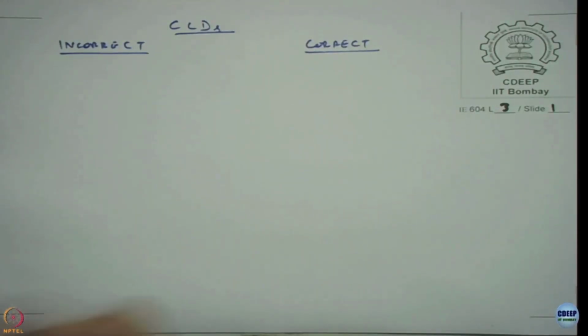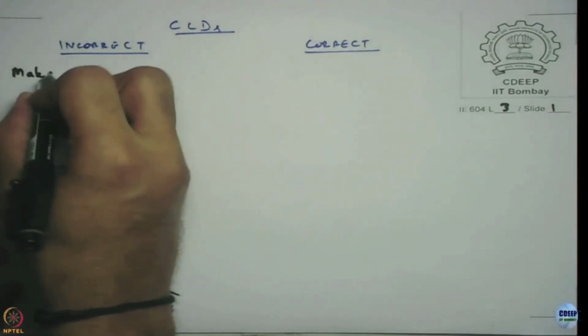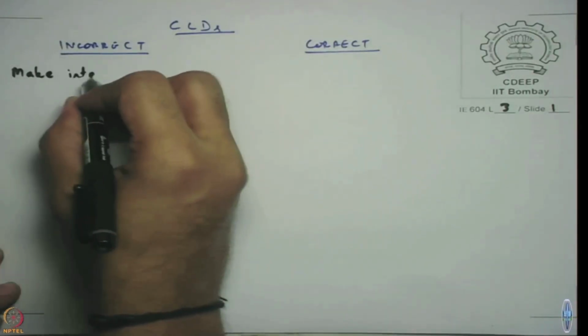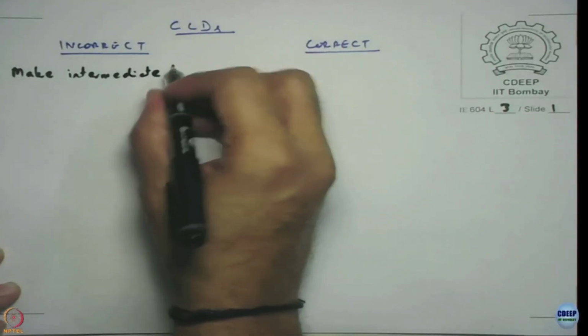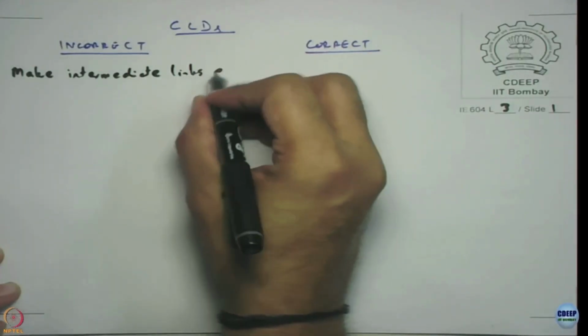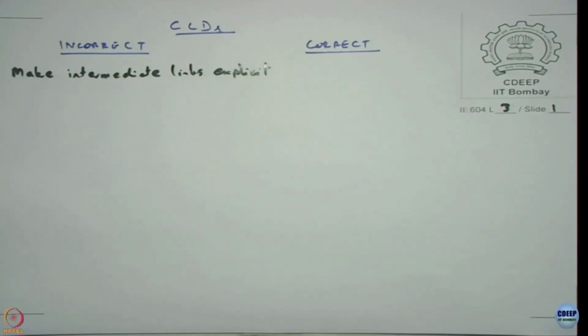So, what you are trying to see is making intermediate links explicit.